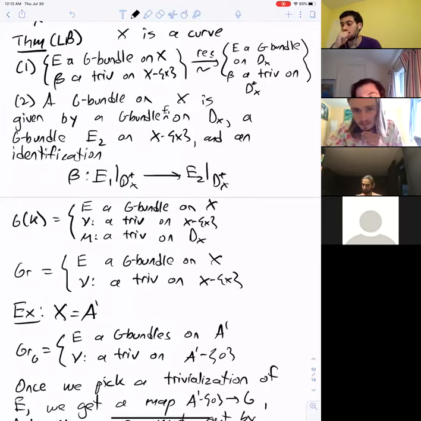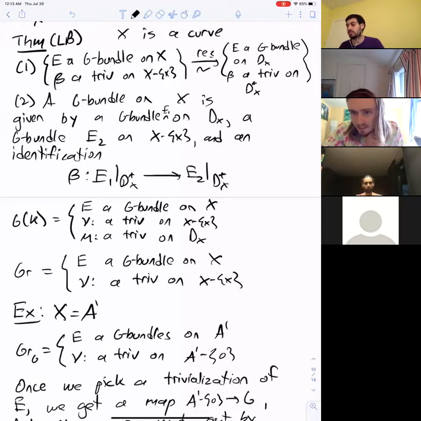But maybe the point is, say I start on the right-hand side, so I have a trivialization on the formal disk, some Laurent series, then that actually determines which G-bundle on P1 it came from?